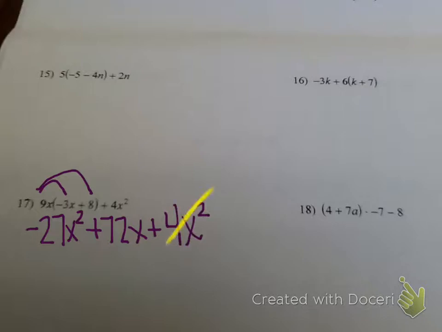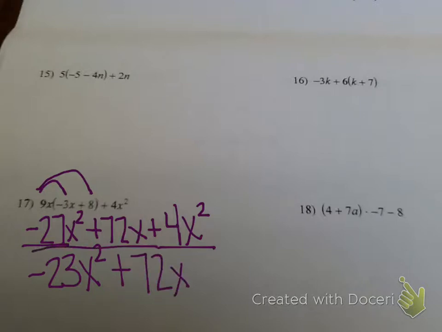So now I have x squared and x squared. Negative 27 and positive 4 make negative 23x squared plus 72x. And I can't combine those because they don't have the same exponent.